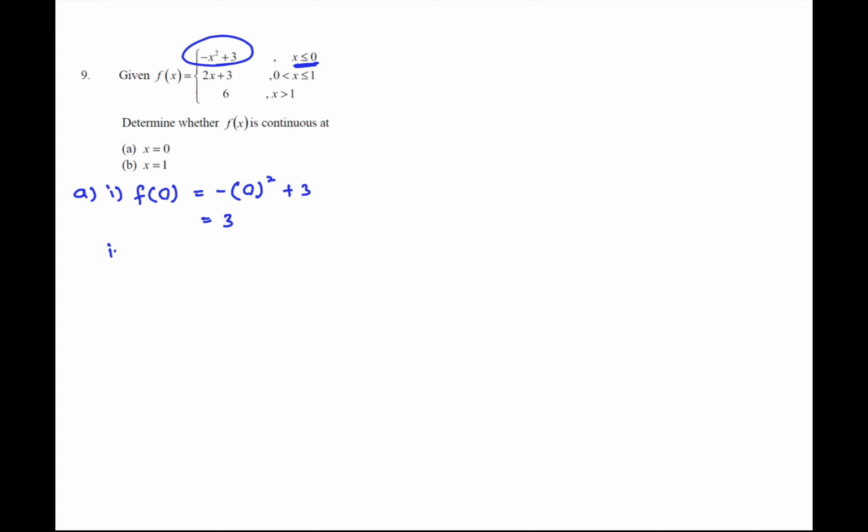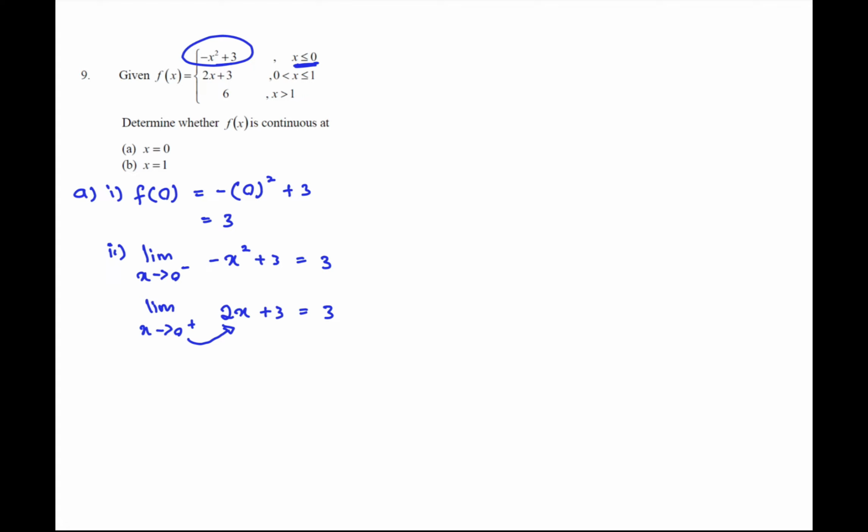Okay, and number 2, you need to find whether the limit exists or not. In order to find whether the limit exists, you must check from left and from right. The limit as x approaches 0 from the left, the function is negative x squared plus 3. Substitute 0 for x, you get 3. The limit as x approaches 0 from the right, the function is 2x plus 3, and then substitute 0 for x here, you get 3.